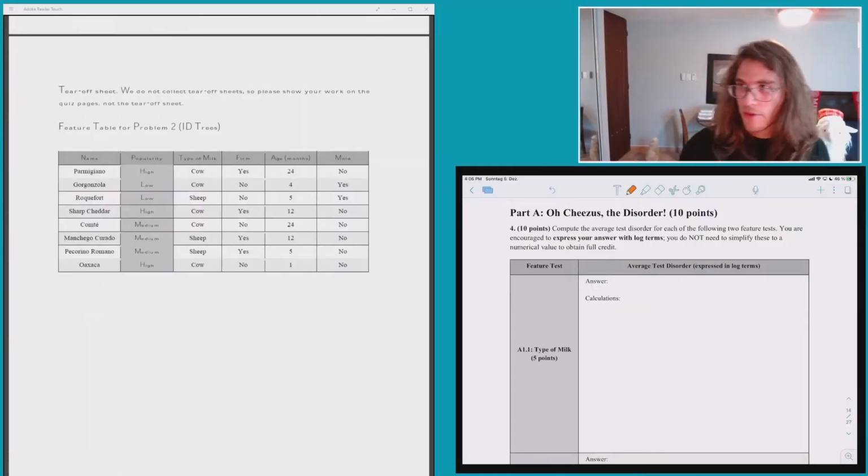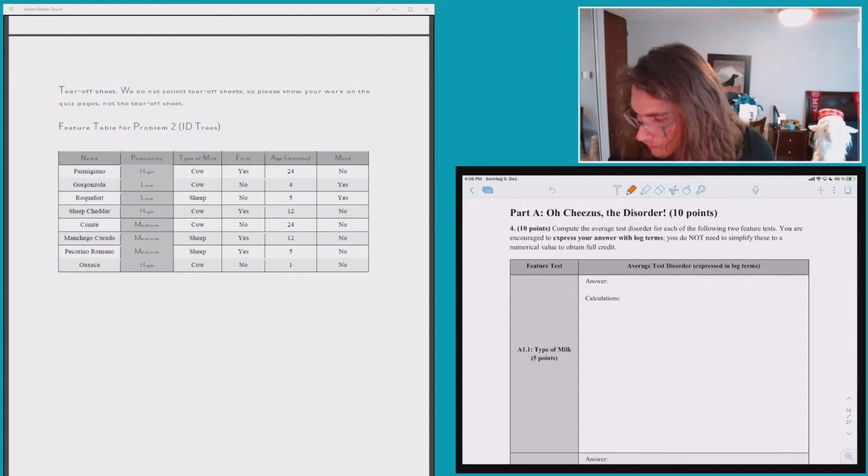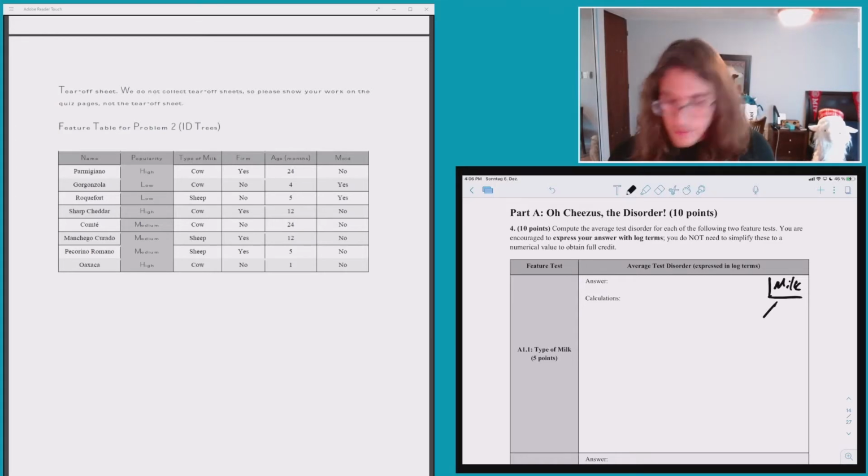Wrong one. There we go. Okay, so first we're asked for the type of milk. Milk test. And it's either cow or sheep.